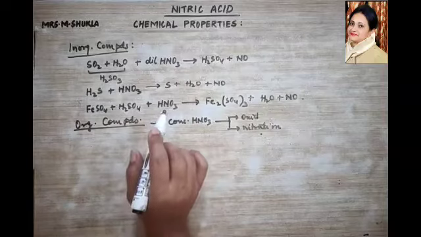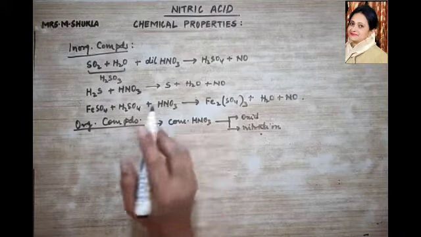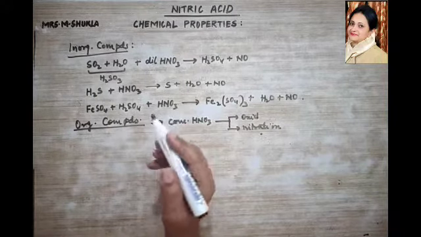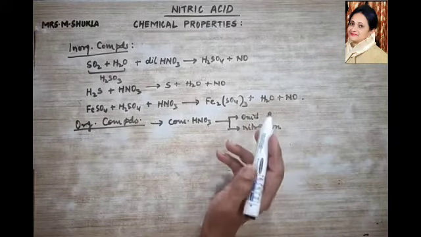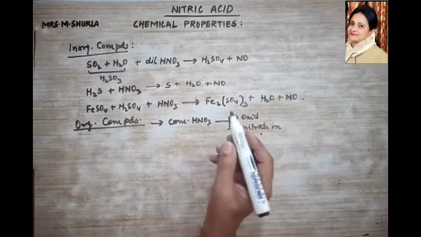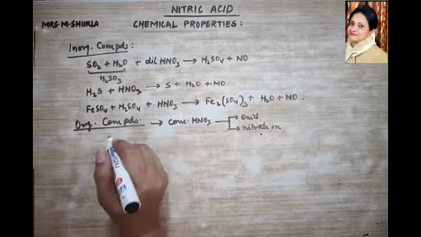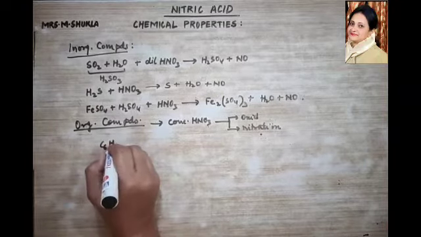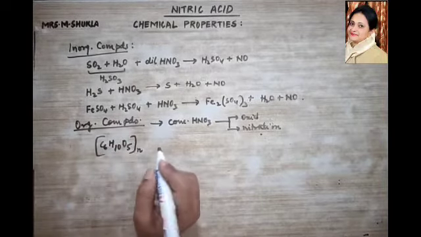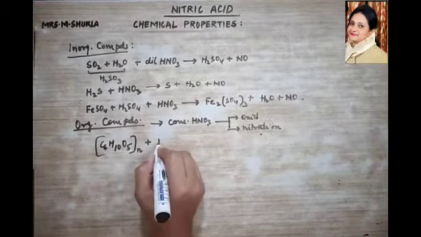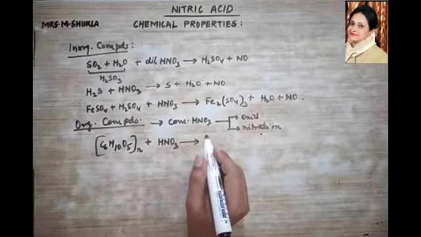So it oxidizes, for example, if I take an organic compound like sawdust, it oxidizes this sawdust to carbon dioxide and water, and since it is concentrated nitric acid, reddish brown fumes of nitrogen dioxide gas will be given out. The formula for sawdust is (C6H10O5)n, which can be repeated a number of times, with concentrated nitric acid.